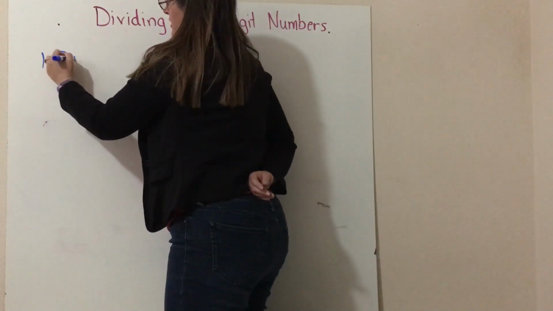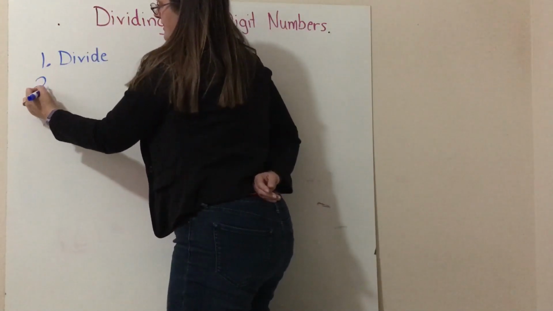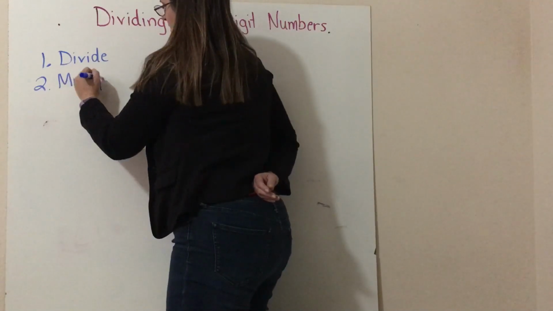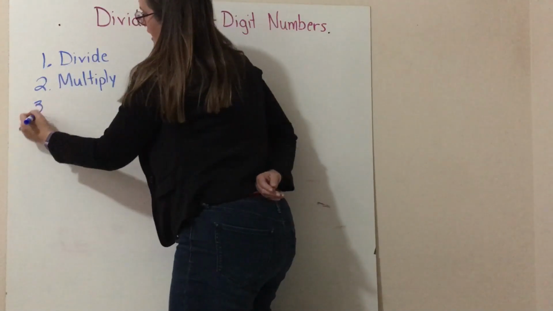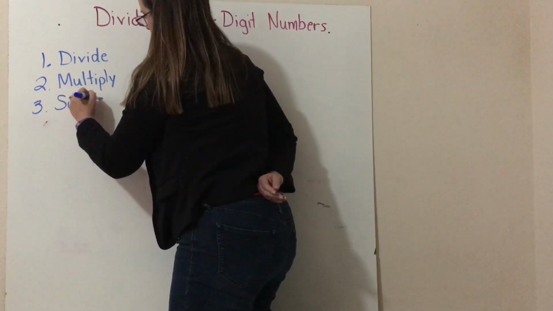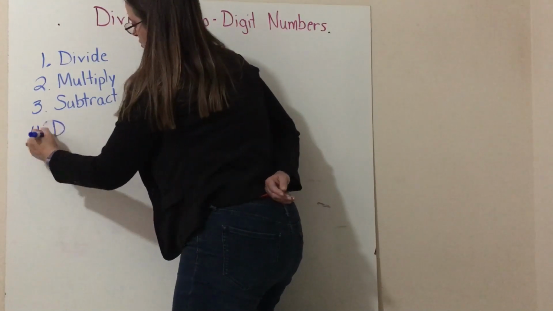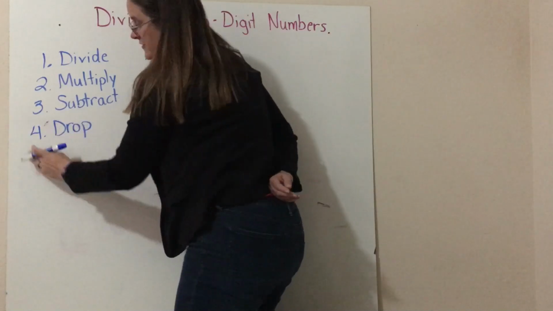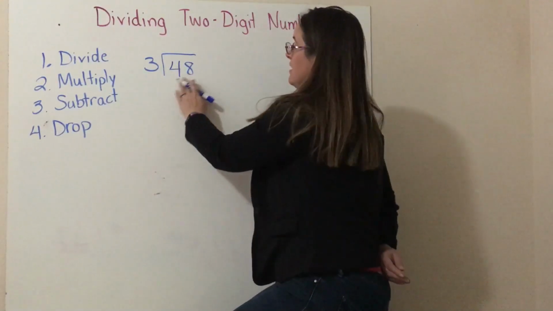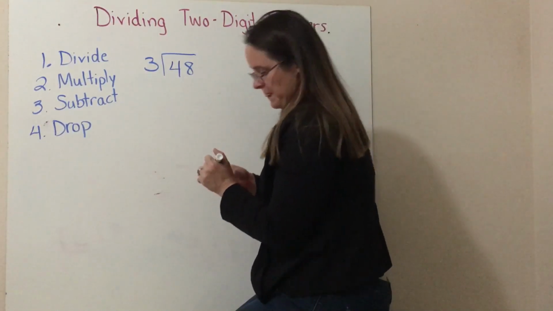Our first step is to divide. Our next step is to multiply. Our third step is to subtract. And our fourth step is to drop. After we get to step 4, we repeat and go through these steps for as long as we have digits in our dividend up here.